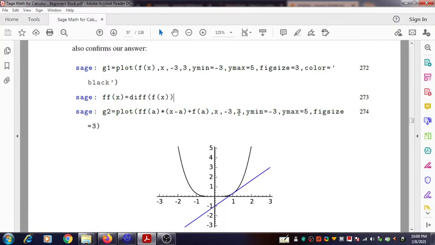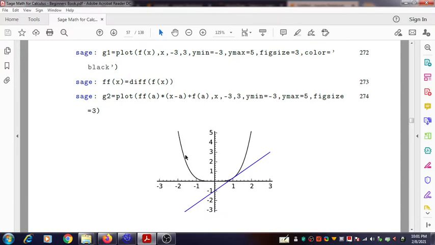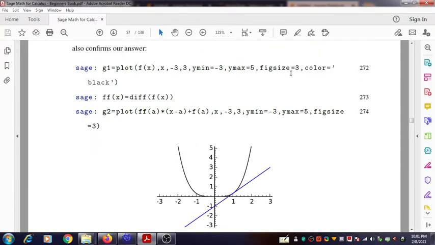So these two values, y maximum and y minimum, mention the upper limit and lower limit of the figure actually. And then figure size is given equal to 3, and the color is also mentioned here, color equal to black. So the curve must appear in black color.